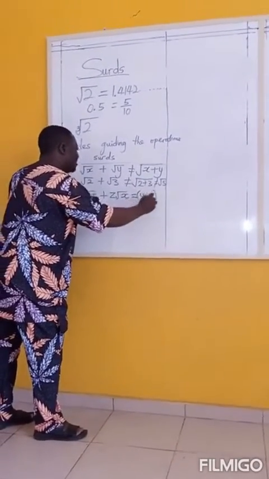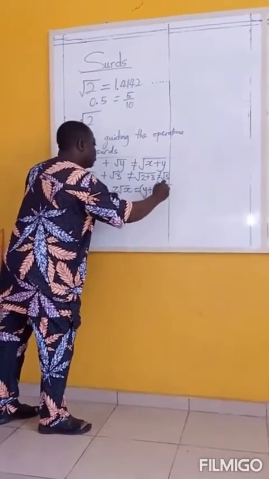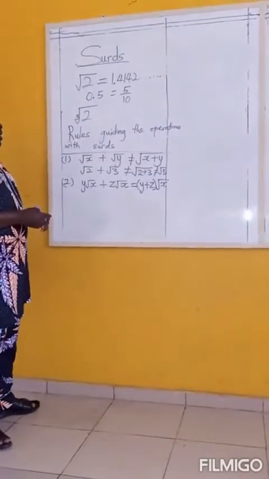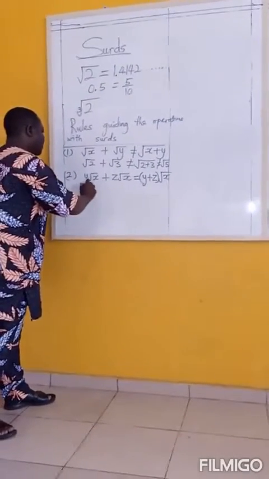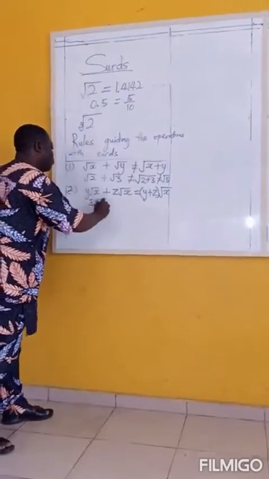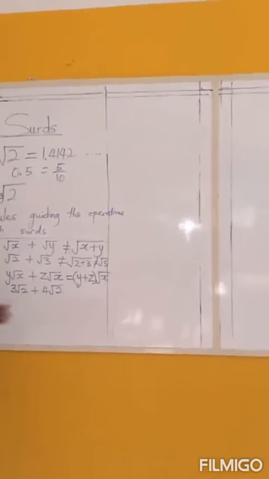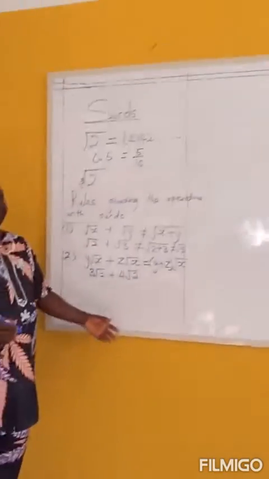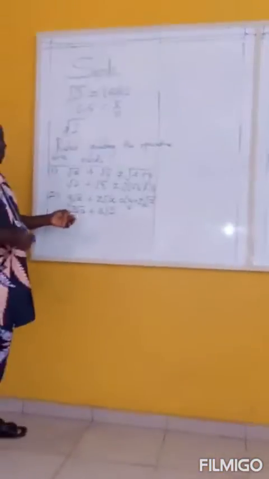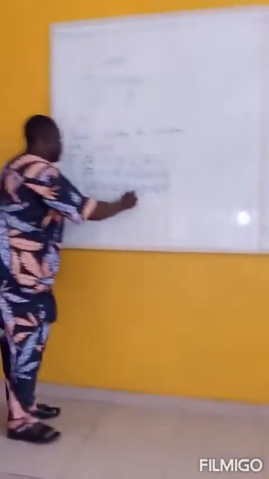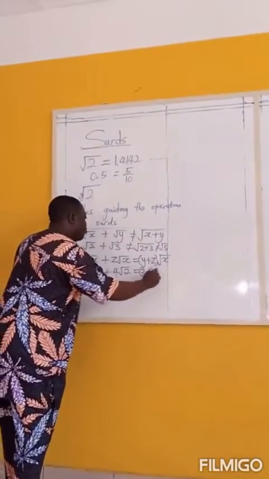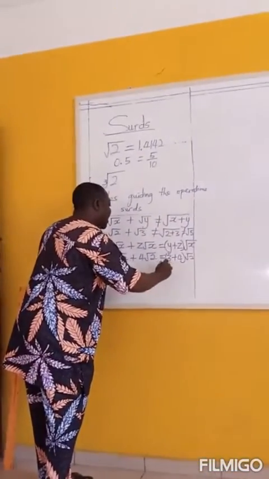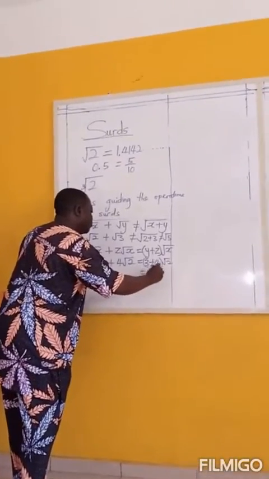Then we combine it with root x. So the result is (y plus z) root x. For instance, if we have 3 root 2, then plus 4 root 2. Since the surds are the same, then we can just add 3 and 4. And the result will be equal to (3 plus 4) root 2. And that is equal to 7 root 2.